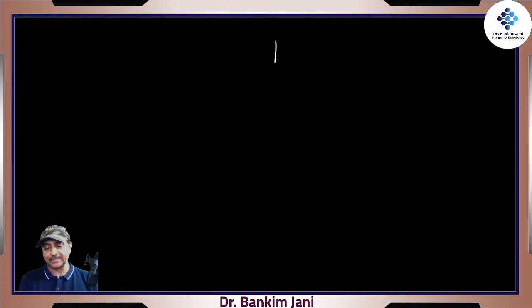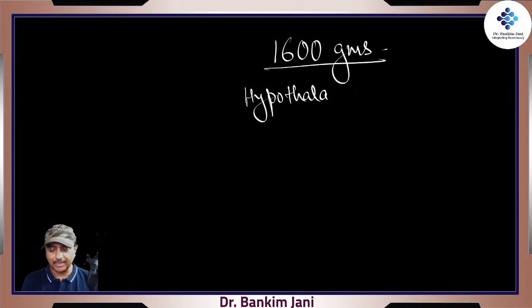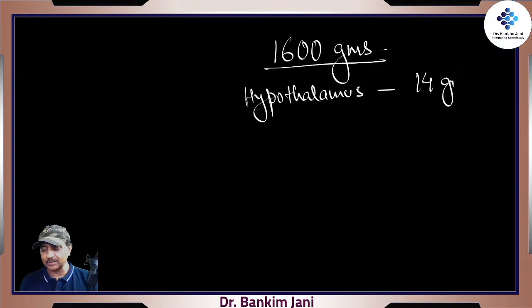Now, see, as such, we say that the weight of the brain is 1600 grams. The whole brain is 1600 grams. The weight of the hypothalamus is a mere 14 grams.